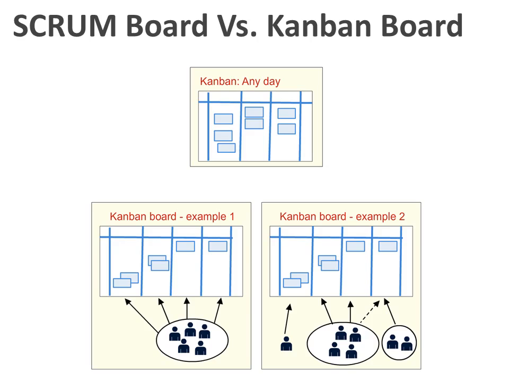And the team in Kanban could be a single unified team like Scrum, or it can have different roles defined. For example, in example 2, let's say the first lane, the design lane, is managed by, let's say, an architect team, and they might be purely working on that lane and moving task items to be ready for development, while the development team picks up those and builds on that.